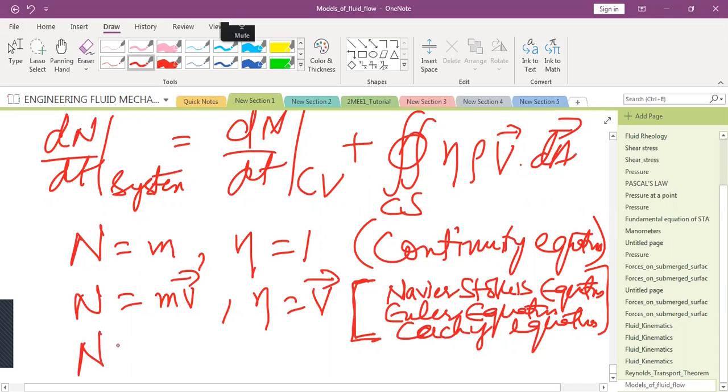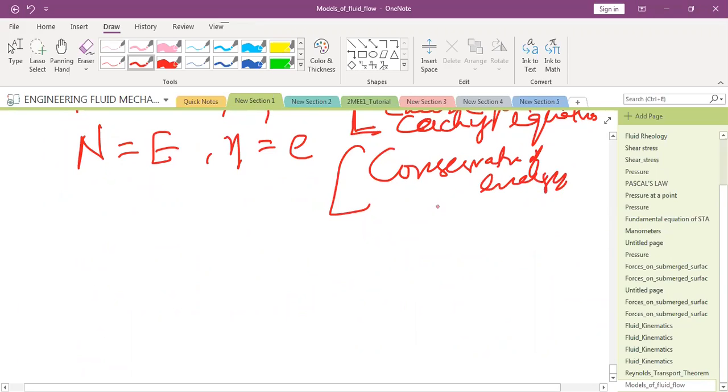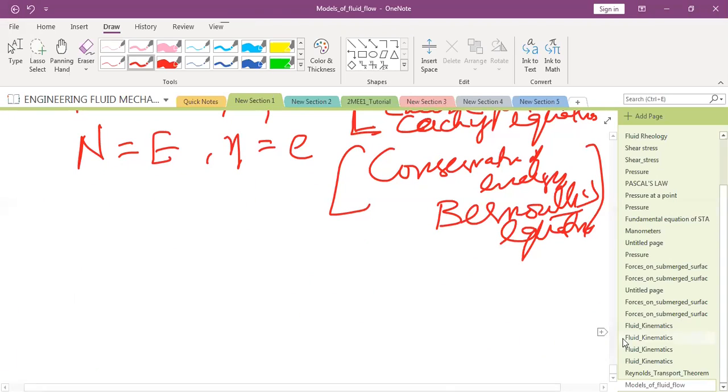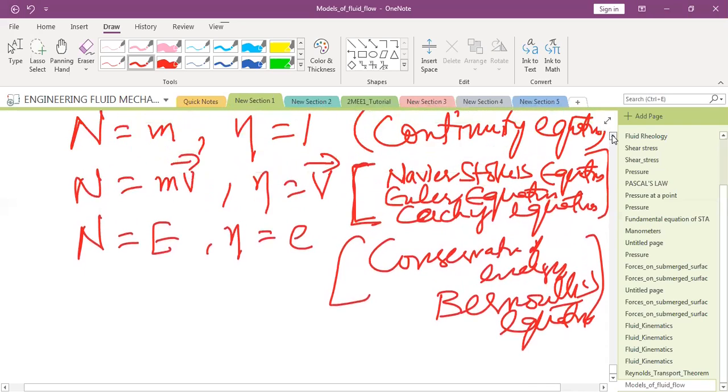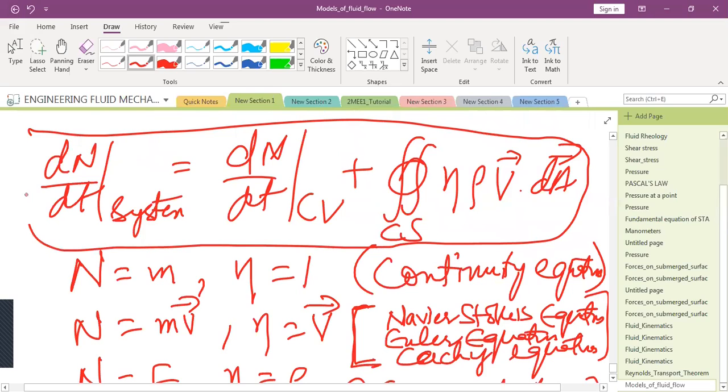And if you have N equal to total energy and small n equal to energy per unit mass, then this will result in conservation of energy. And in certain cases, this is known as Bernoulli's equation. So by deriving a single generalized expression, you can actually derive all the equations in fluid mechanics by changing the value of capital N and small n.